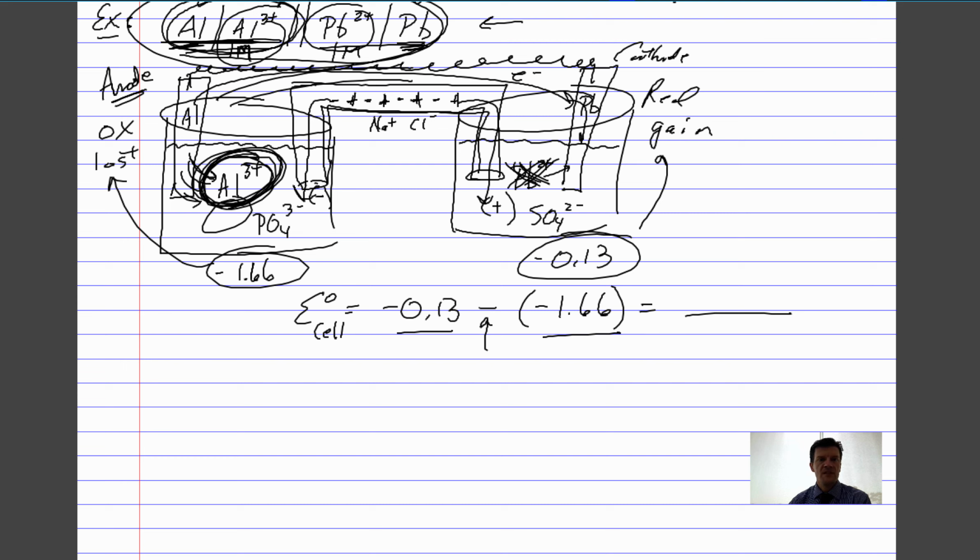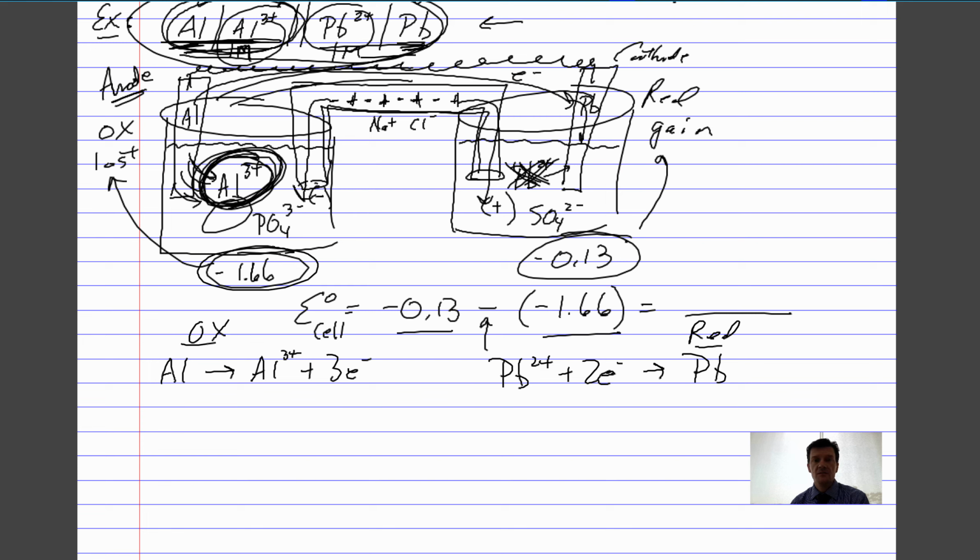And then over here, you're going to have lead ions picking up 2 electrons and turning into lead solid. I just know because of the change in the charges there. So this is your oxidation, this is your reduction. You can figure that out from the half reaction, or from the larger value is always reduced. The smaller value is always oxidized.